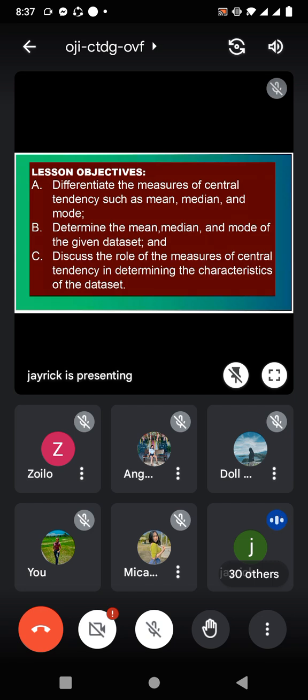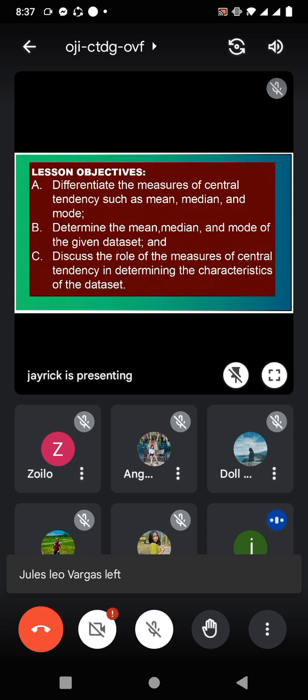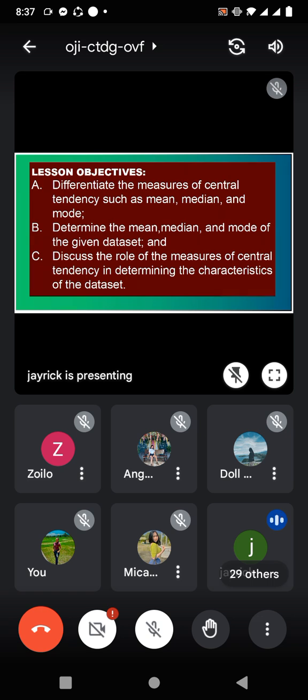Next, you have also to determine the mean, median, and mode of the given data set. And lastly, you are expected to discuss the role of the measure of central tendency in determining the characteristics of the data set. You have to discuss how important are the roles of central tendency in understanding and determining the characteristic of the data set.